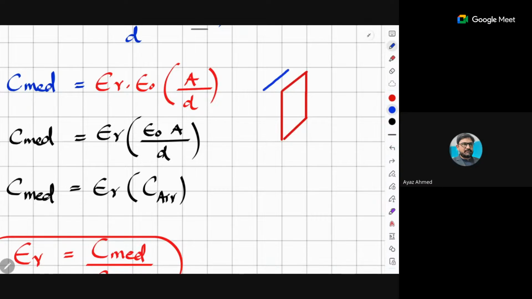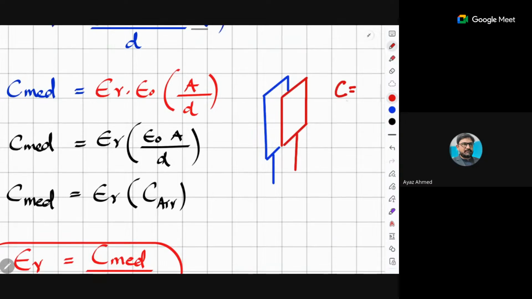The top view means this. These are two parallel plates, and these two parallel plates have air in between. This is plate Y, this is plate X. As I told you, they have no dielectric between. So the capacitance of this capacitor is C with air, or C in the presence of air.